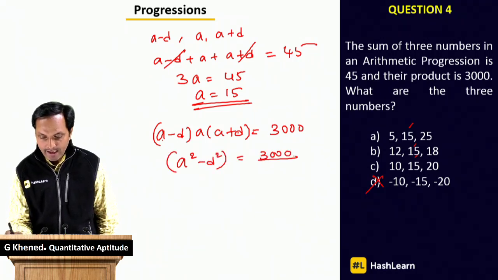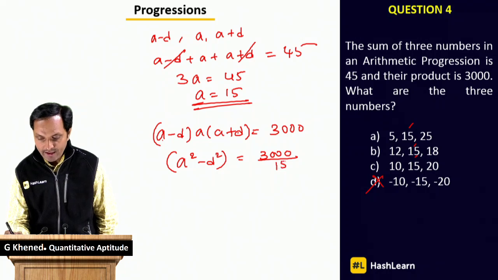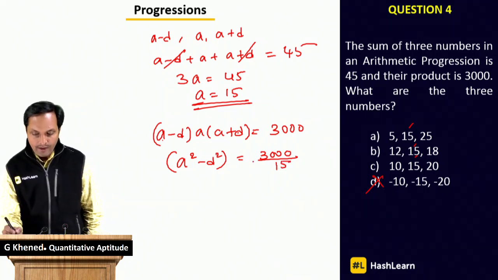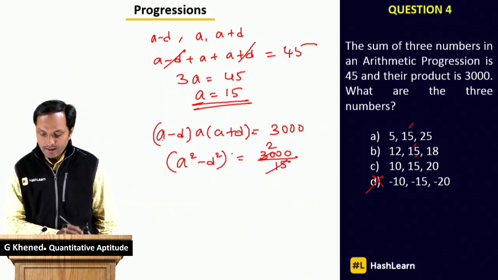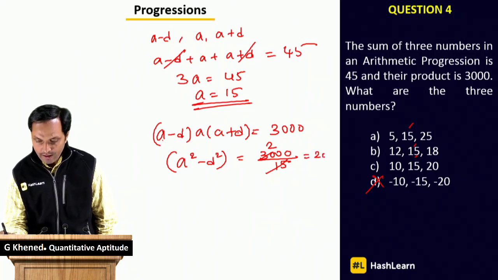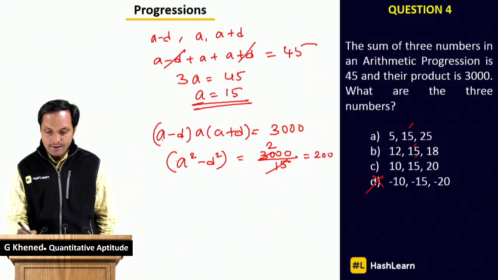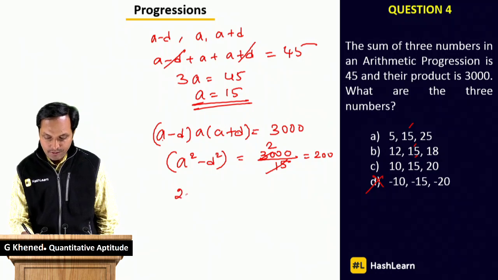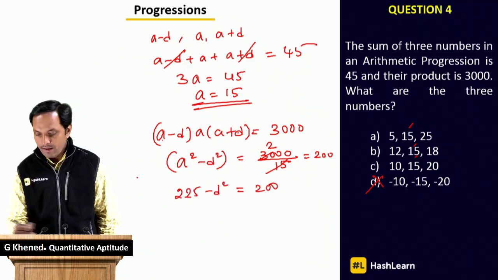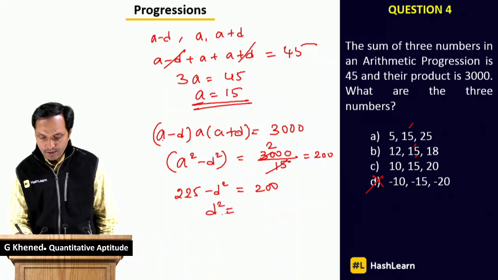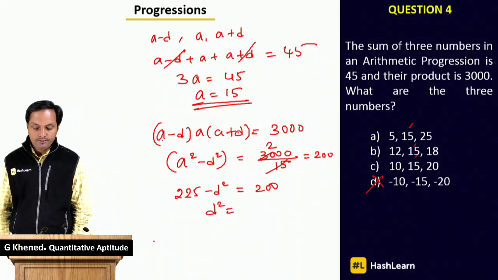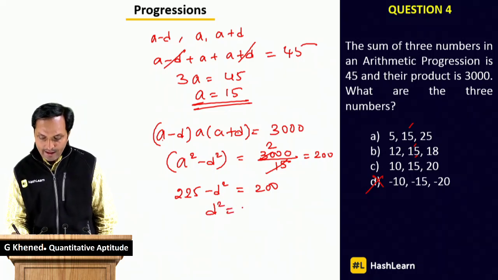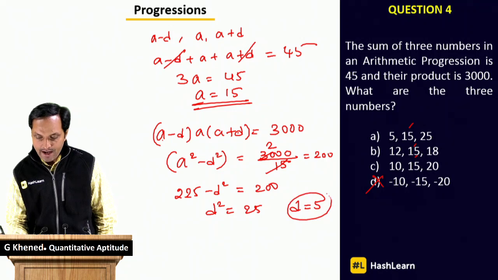I will take A to the denominator and write 15 here: 3000 divided by 15, 15 ones are 15, 15 twos are 30, will give you 200. A square is 15 square, which is 225, minus D square is equal to 200. If you shift, D square is equal to 225 minus 200, which is 25. So the common difference is 5.